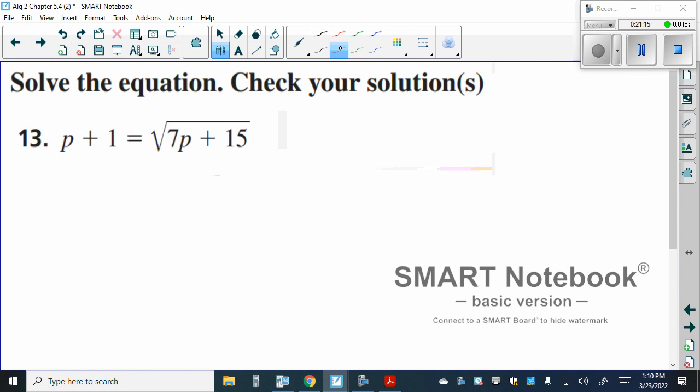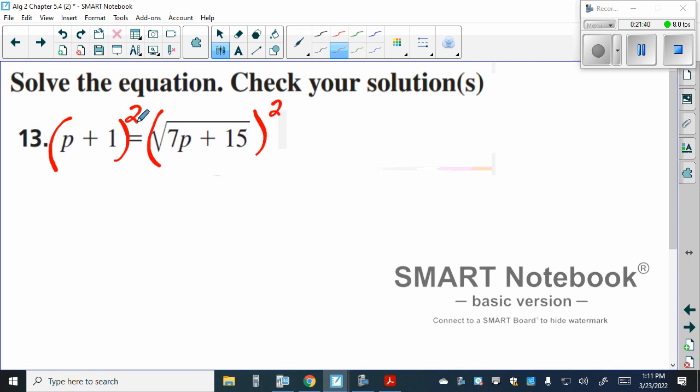Because again, we want that radical by itself. Is this radical by itself? Well, yes. Now we can put both sides to the nth power. So here, we're going to put both sides to the what power?